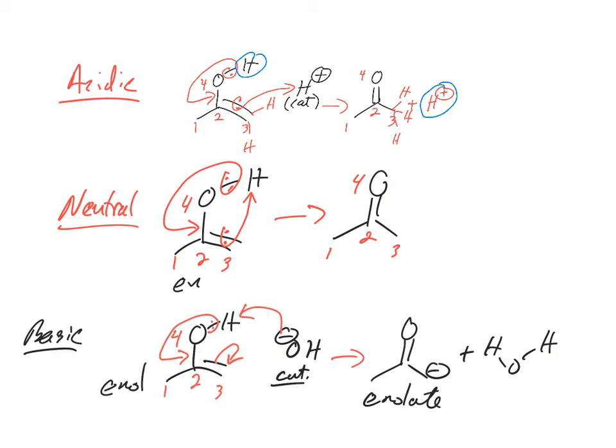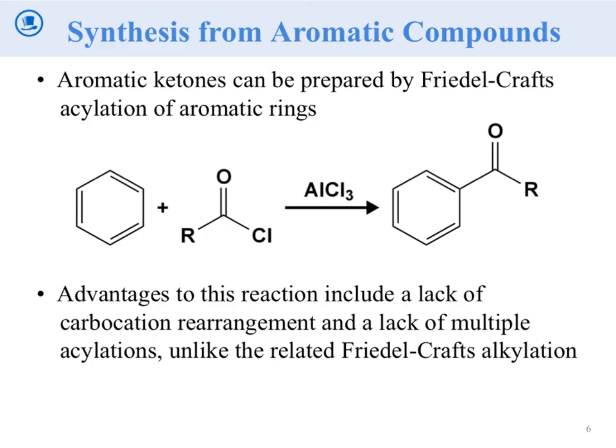These are all enols. Enols are neutral. Enolates have a negative charge. And I said this was base catalyzed, so the last step is we've got to regenerate the base. So we're going to do a deprotonation, and that gets us back to that ketone through the base catalyzed tautomerization.